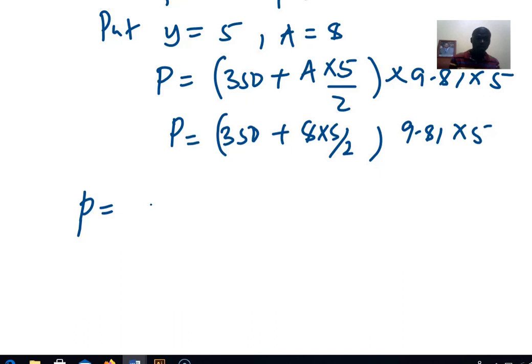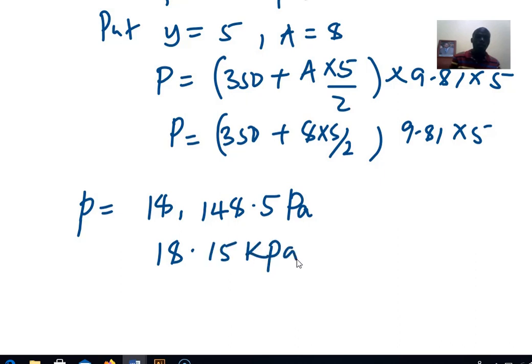So P will equal 148.5, and this is in pascals, or it can be given as 1.815 kilopascals.